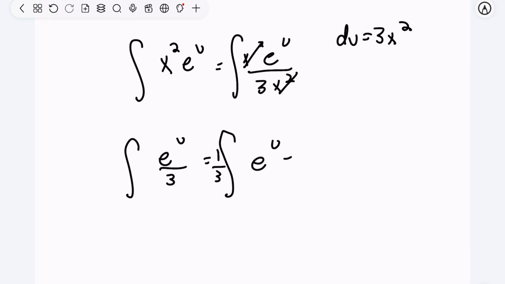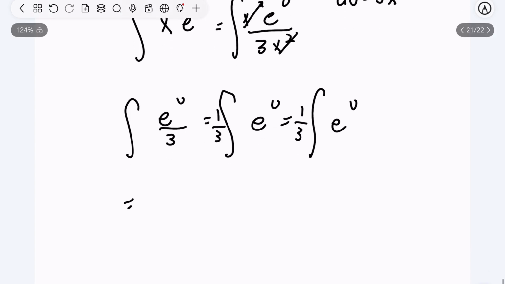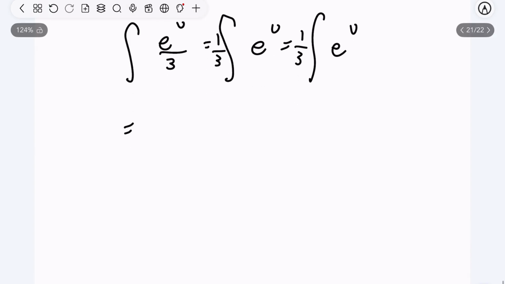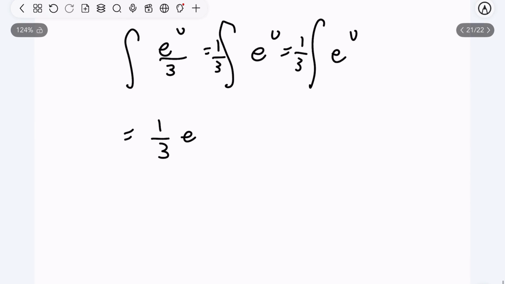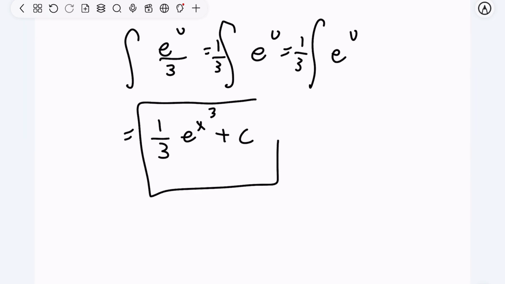The integral of e to the u will be the same thing, so just e to the u. Now we're going to have 1 over 3 e, and then the u again, let's scroll back up, is x cubed, plus c. And that is your final answer.